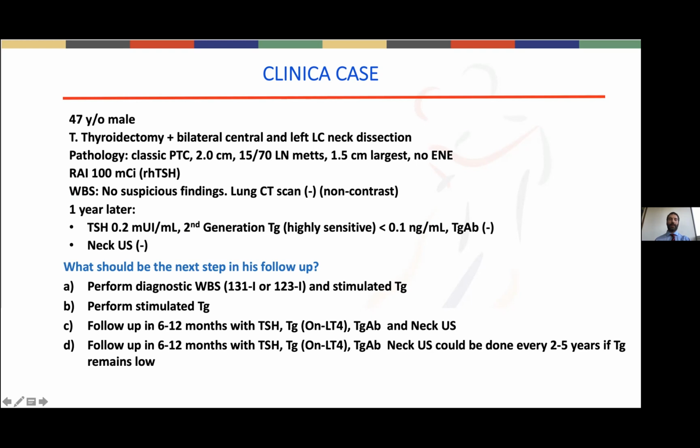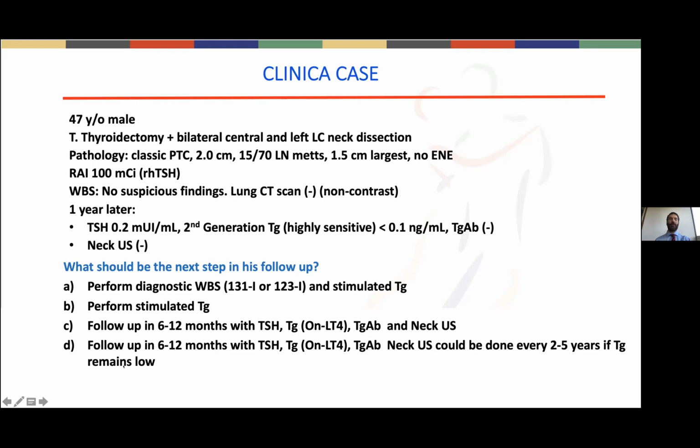A, we should perform a diagnostic whole body scan and a stimulated thyroglobulin. B, we should perform only a stimulated thyroglobulin. C, we should follow this patient at 6 to 12 months with TSH, thyroglobulin using levothyroxine, that means non-stimulated thyroglobulin, thyroglobulin antibodies and neck ultrasound.